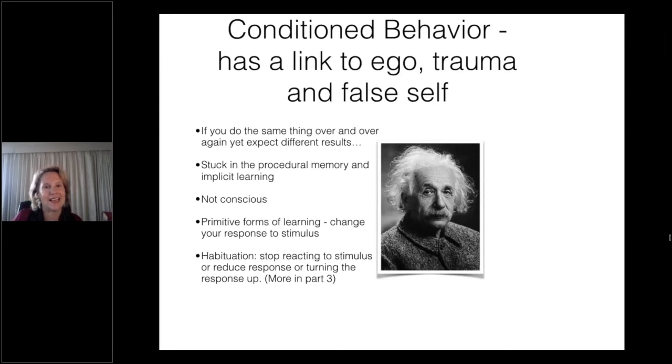Whereas Einstein says, if you keep doing the same thing over and over again, yet expect different results, isn't that the definition of insanity? So if your subconscious is doing the same thing and you're not aware of what you're doing, that's a good reason that you're not manifesting what you want.